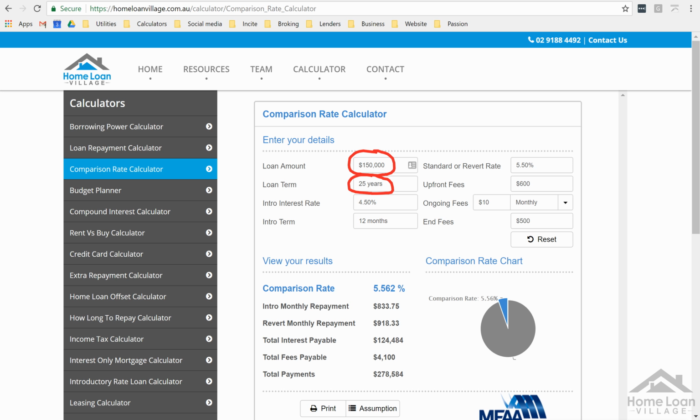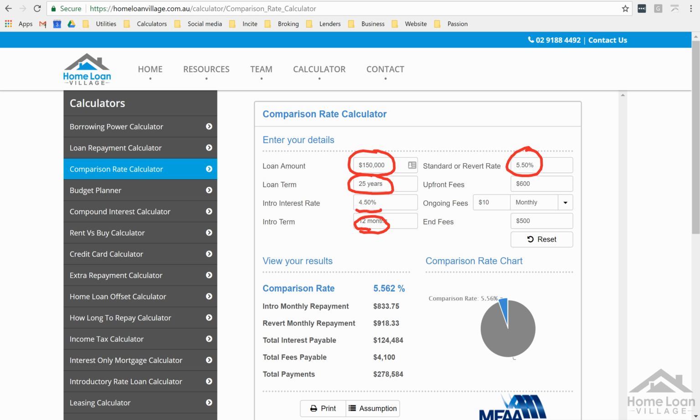Intro interest term. Now this is if there is an intro rate, or you can also use it if there's a fixed rate. So if we see the intro term down here of 12 months, that would be a 1-year fixed rate. Standard or revert rate, so that's the rate that it's going to revert to after the end of the fixed rate period.